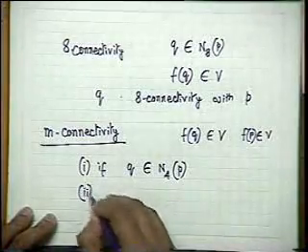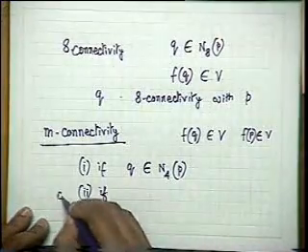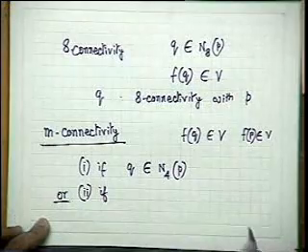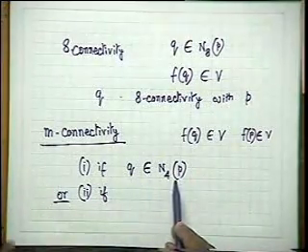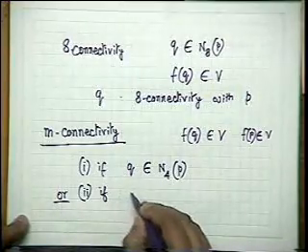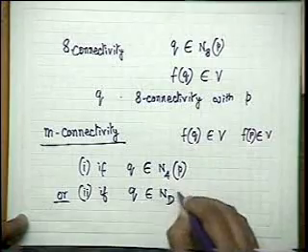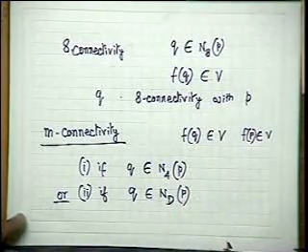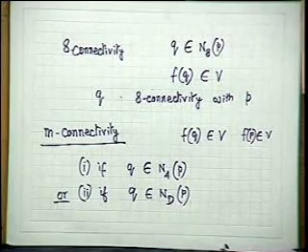And the second condition is, of course, with an OR. So if Q belongs to N4P, it is anyway M connected. Or if Q belongs to the set NDP. What is NDP? NDP is the set of diagonal neighbors.